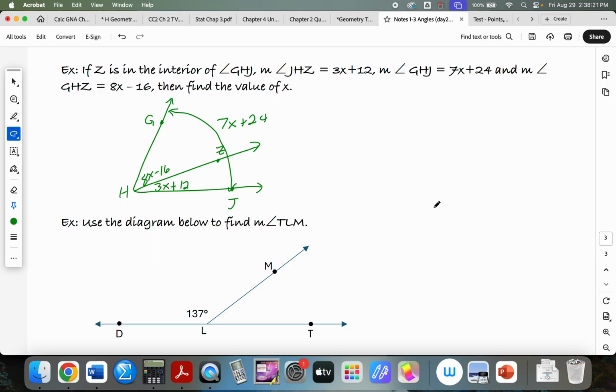All right. So we would do 3x plus 12 plus 8x minus 16 equals 7x plus 24. That is absolutely perfect. I was going to say that, Mr. Davis. I'm sure you were. So now we'll group like terms. So 11x minus 4 is equal to 7x plus 24.